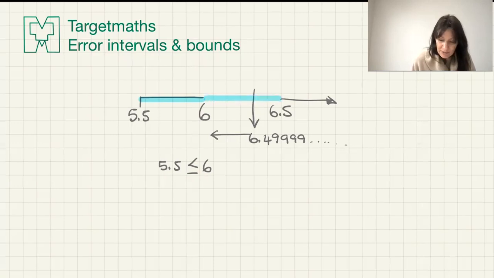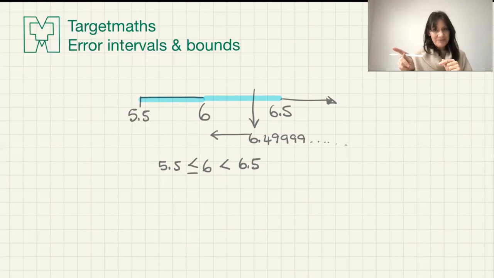So if I draw that going up to the 6.5, 6.1, 6.2, 6.25, 6.39, all those numbers, an infinite number of numbers, okay, 6 would be less than 6.5, but I'm not going to put that equals on, because then I've just said it could have equaled it. And my original number was rounded to 6, and there's no way it could have equaled 6.5 because if it did, I would have rounded up to 7.